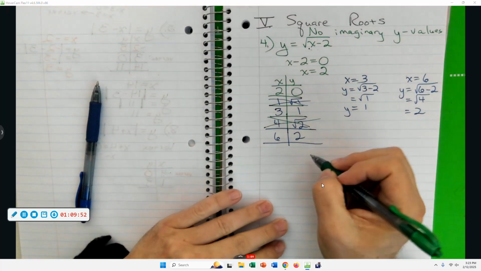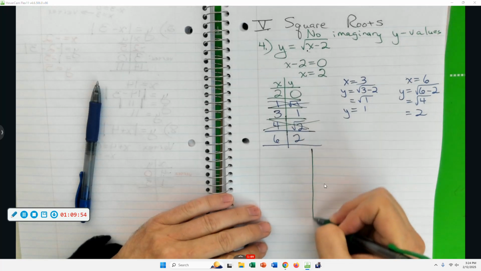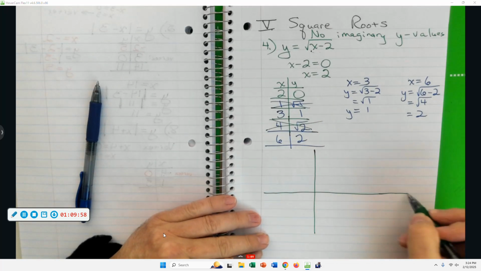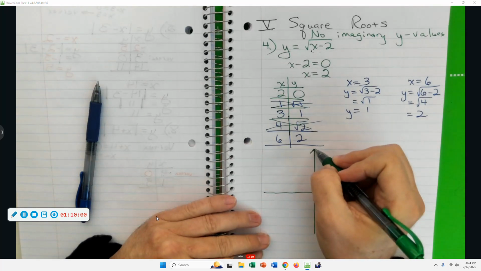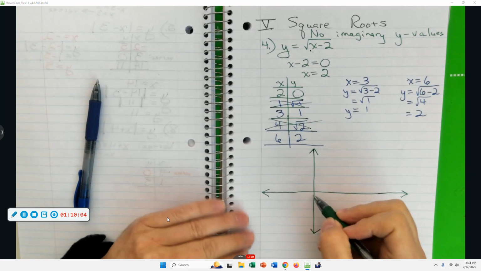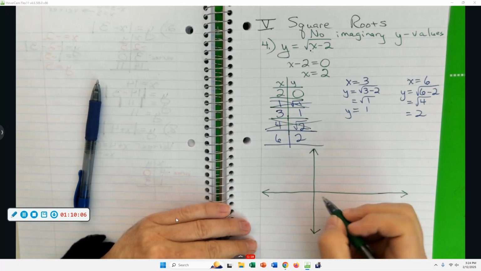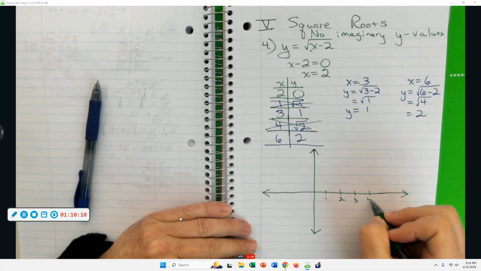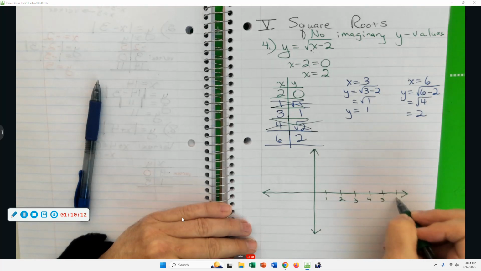Here goes. I'm going to draw it by hand. I'm going to make myself an XY grid. And remember, 0 is at the point of intersection. Go 1, 2, 3, 4, 5, 6.